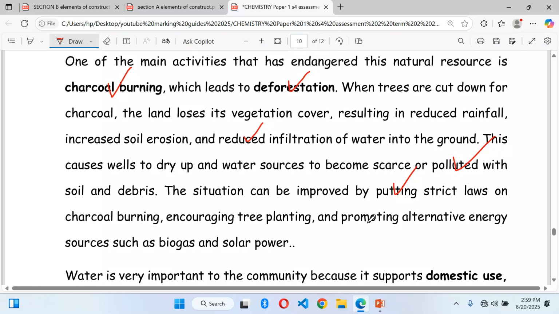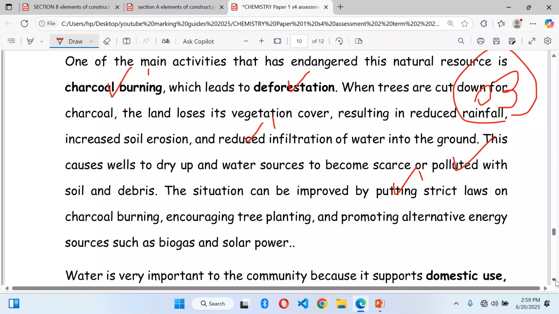It gives you all the 3 scores. You have identified the human activity, explained how this human activity impacts, and the mitigation. So here you get 1 mark, here another mark, and here another mark. And those all add up to the 3 scores.